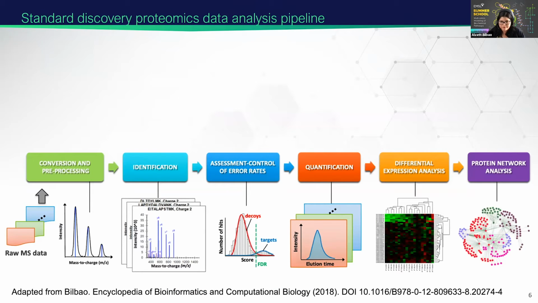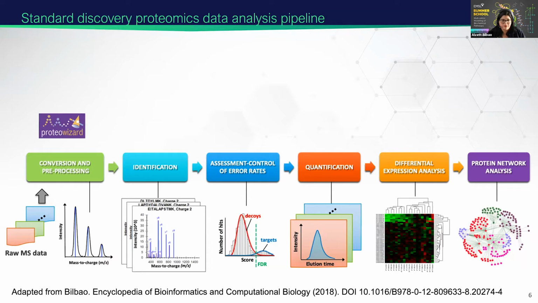Revisiting the discovery proteomics general pipeline, as Yuchen explained before, it starts with the conversion and pre-processing of the data. Usually the data that comes out of the instrument comes in a proprietary format. And the typical, widely used tool to convert this data to an open format that we can use with open source and free tools is ProteoWizard.